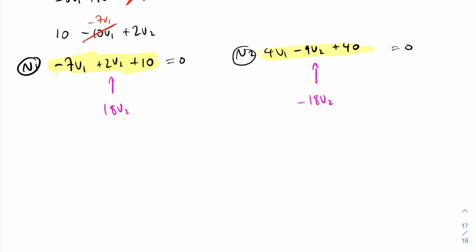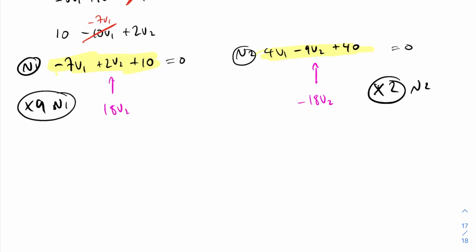Okay, so how are we going to do that? We're going to multiply this whole equation by 9, right? And then we're going to multiply this whole equation by 2. So n2 times 2 and n1 times 9.